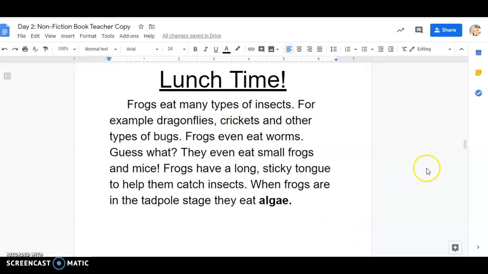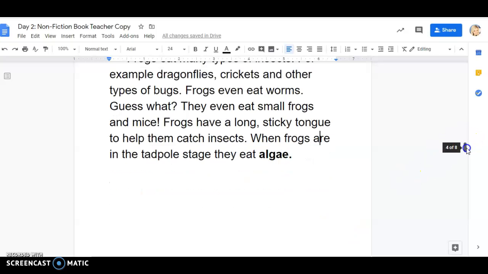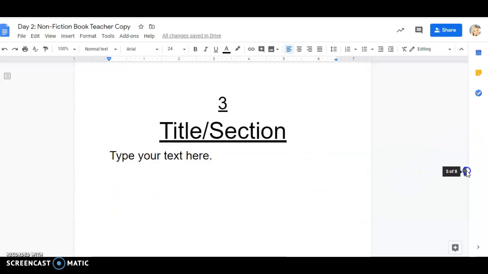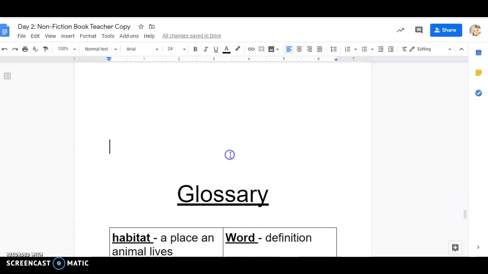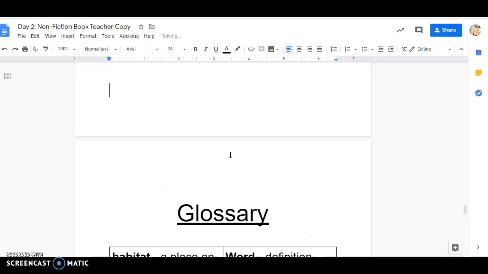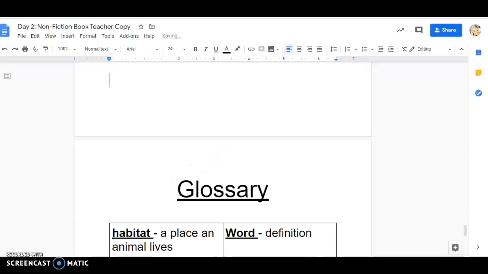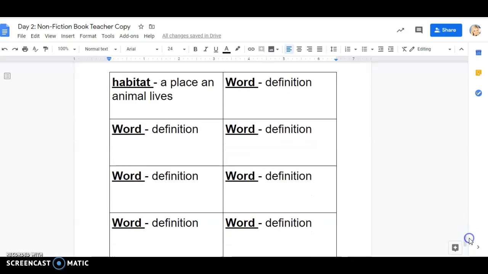Okay, since now that I've reread my section, I have more than 5 sentences, I'm going to add algae, since I put it into a bold word, to my glossary. So I'm going to scroll down. Now remember, sometimes when we start to type, these don't go into the top of the page. We can just click backspace. You can see the page breaks. This is a new page. I want my glossary just on its own page. You can pick a box.